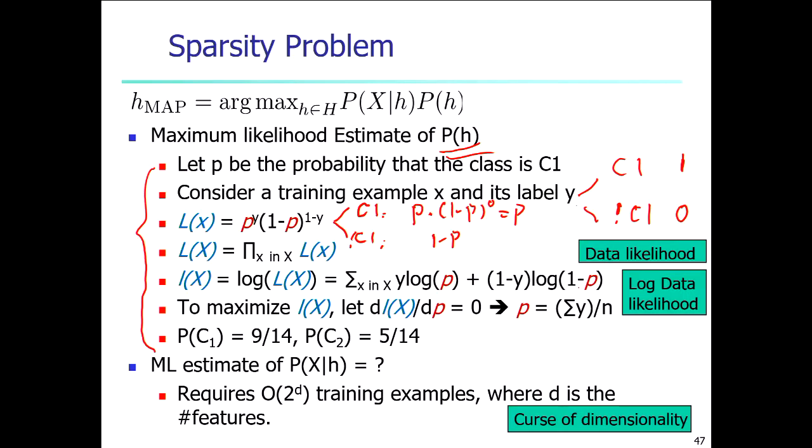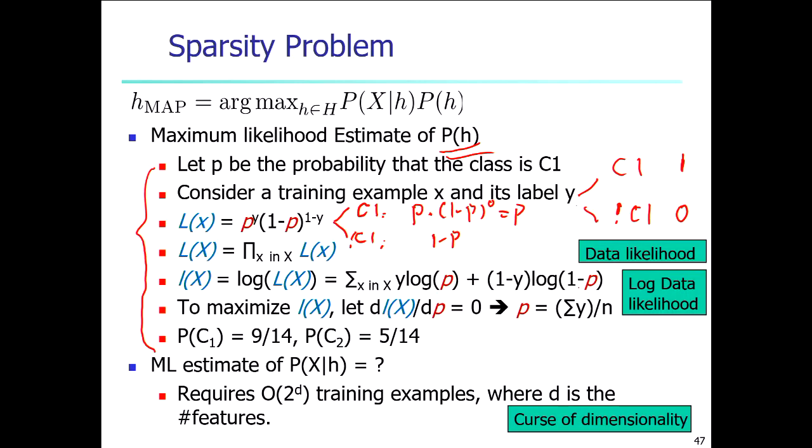So it just gives the likelihood, and we write these results into one formula. The data likelihood, which is the likelihood over all the data, would be the multiplication of the likelihood of all the x. If we take the log, the log data likelihood would be the summation of y log p plus 1 minus y log 1 minus p.